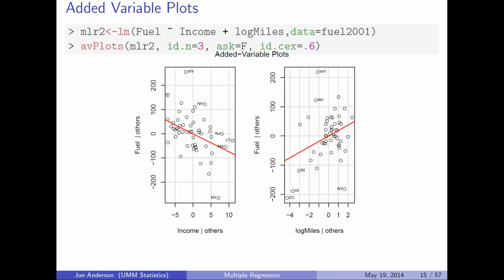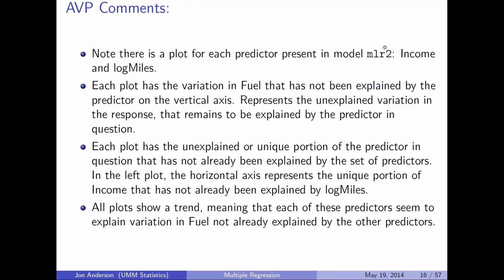And you can see there that there is a downward trend, but it's clear, suggesting that the effect of income is that states with increased income have reduced fuel consumption. For mileage, it's the other direction. But there does seem to be some relationship between these two sets of residuals, suggesting that each variable is going to explain a notable amount of fuel variation after the other. And that's what is being said here in overhead 16.